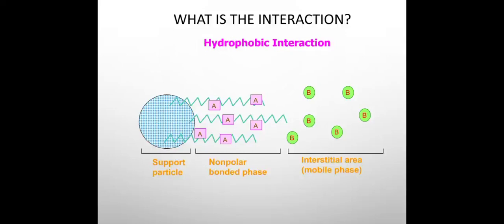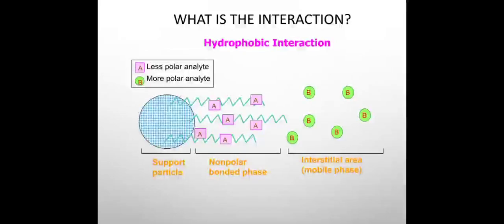This is the bonded phase supporting the stationary phase, and here the interstitial area, that means here the mobile phase moves through the column. So this is the basic arrangement, and here the interaction takes place between the analyte and this stationary phase.